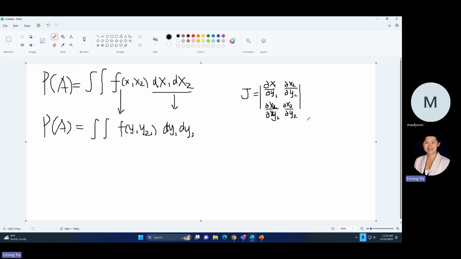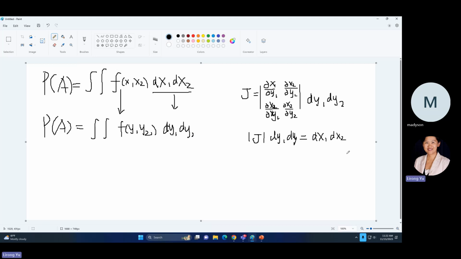It was the Jacobian matrix. This is multiplied by dy1, dy2. So this whole thing, J together with dy1, dy2, is actually equal to dx1, dx2.